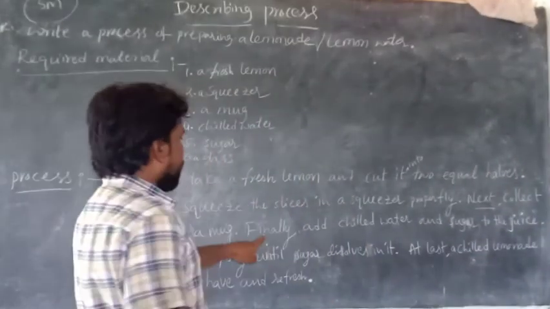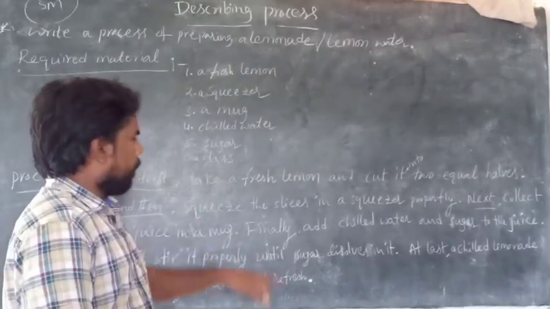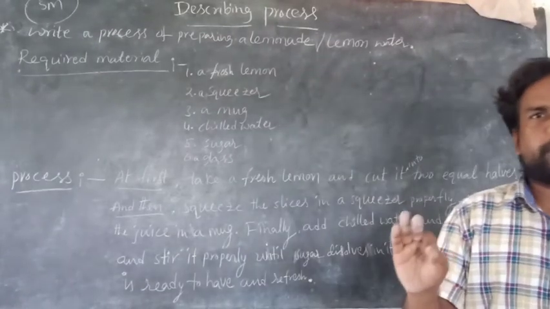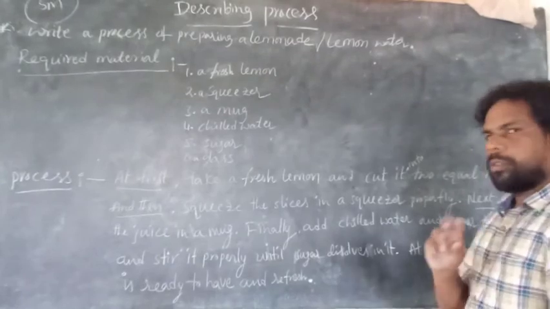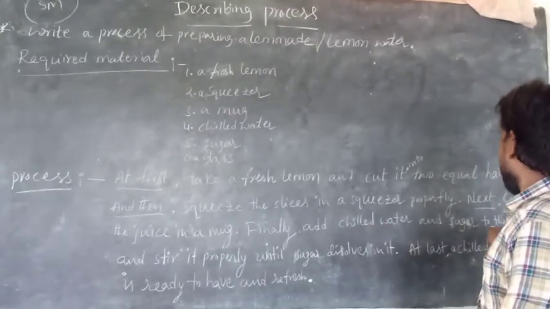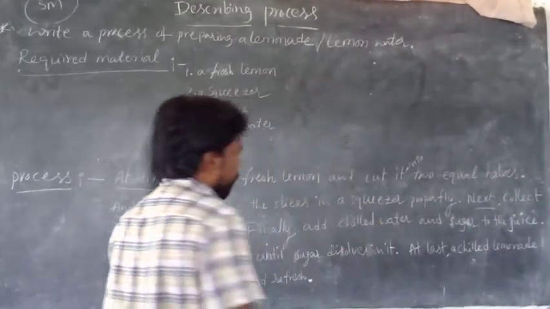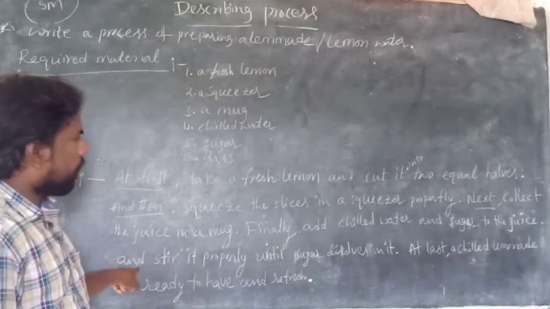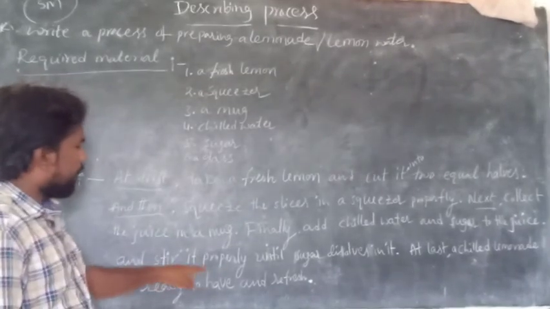Finally, after collecting the juice in a mug, add chilled water. Chilled water means cool water or ice. Finally add chilled water and sugar to the juice which is in the mug. Add chilled water, and what will happen? Stir it properly.